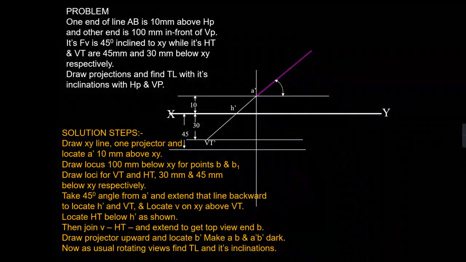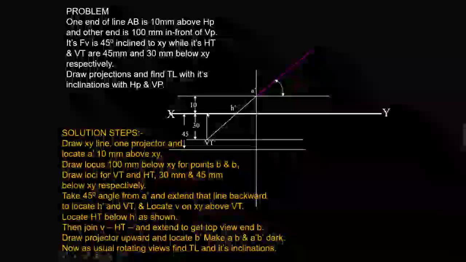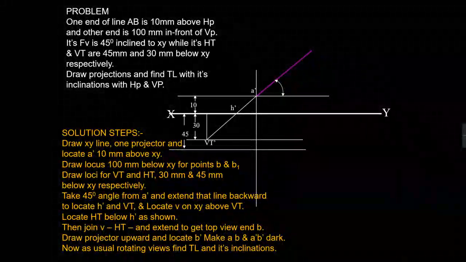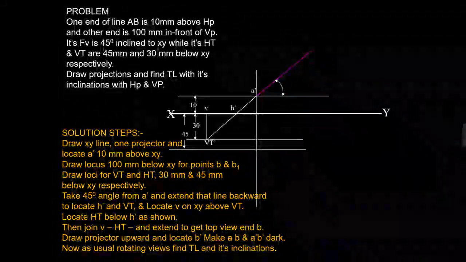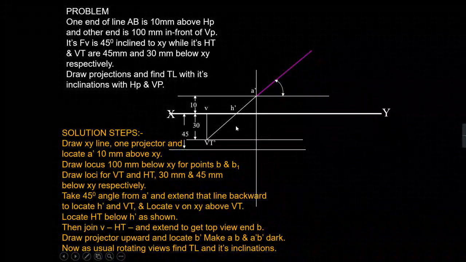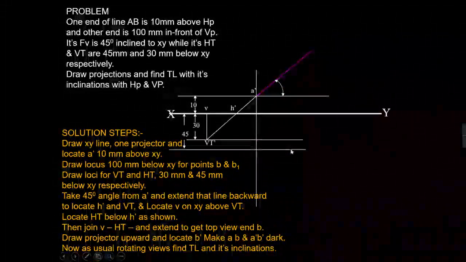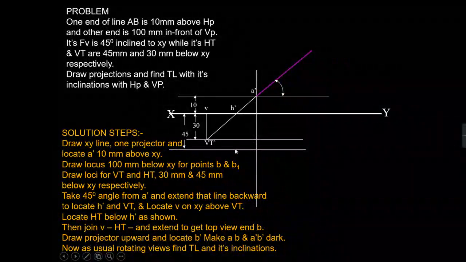After that I can mark the point V by drawing the projector from VT to the XY line. So this is your point V. Then I know when I draw the projector from the H dash, wherever it cuts this line, it will be HT.